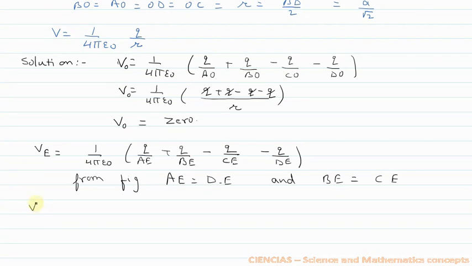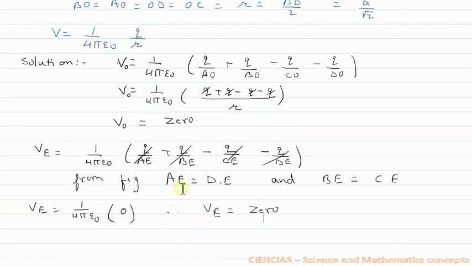Therefore potential at E is equal to 1 upon 4 pi epsilon 0. Now q upon AE and DE are equal, so these get cancelled. And BE and CE are equal, so this also gets cancelled, so it is 0. Therefore potential at E is also equal to 0.